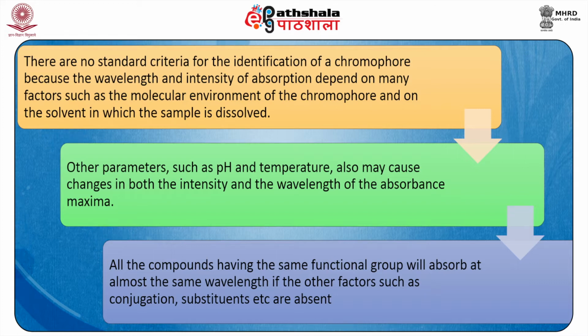Now, other parameters such as the pH and the temperature also may cause changes in both the intensity and the wavelength of the absorption maxima. Now, all the compounds having the same functional group will tend to absorb at the same wavelength, if other factors such as conjugation and substituents are absent.